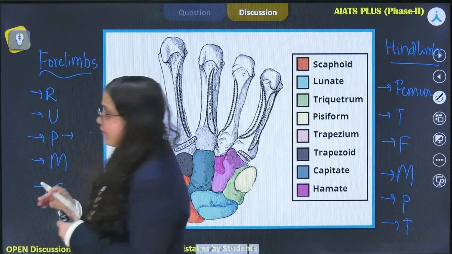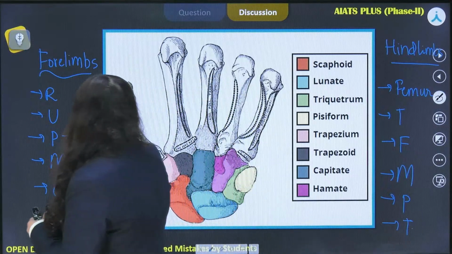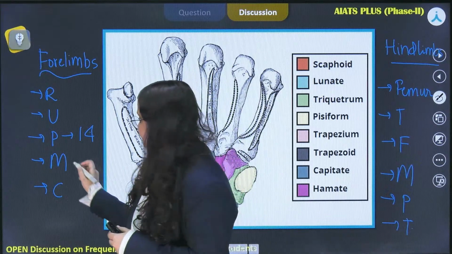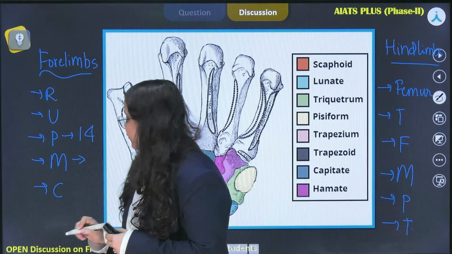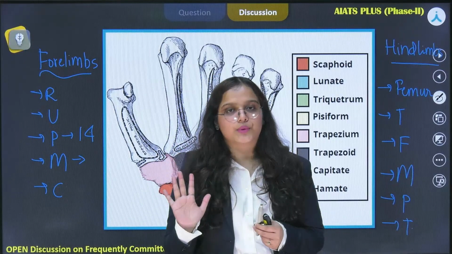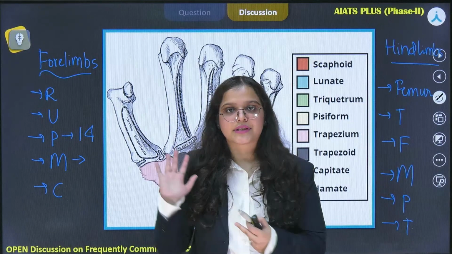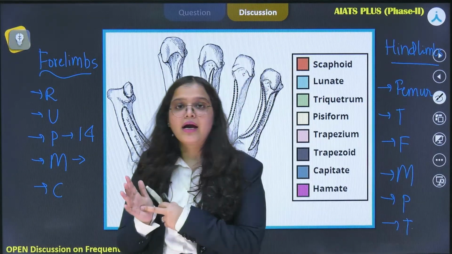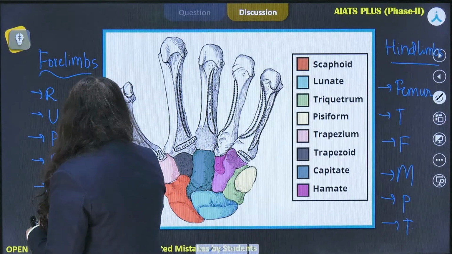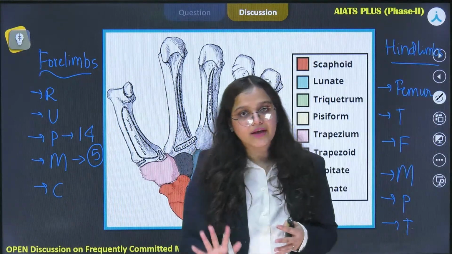So my phalanges are my digits, and they are made up of 14 bones. Then we have the metacarpals, which are the palm bones. My palm is made up of metacarpals, and the metacarpals are 5 in number.